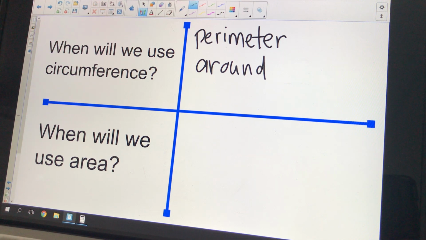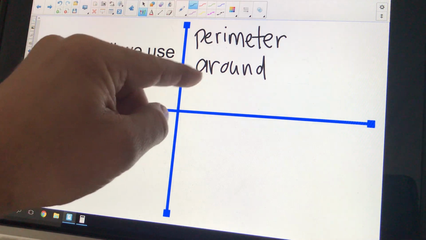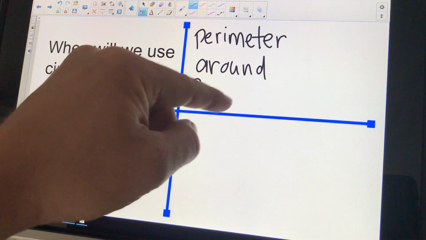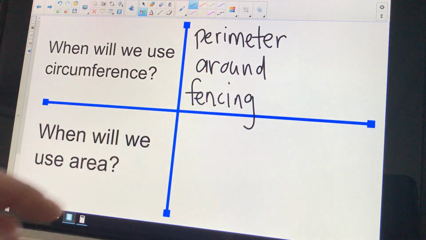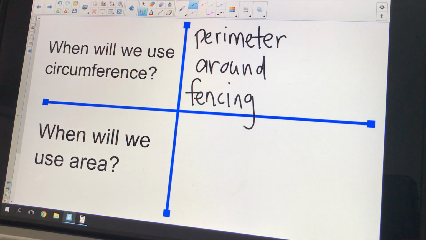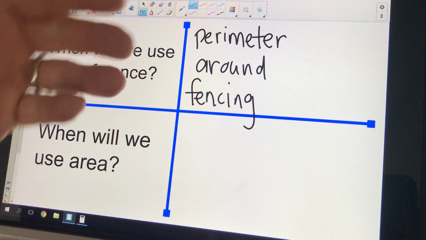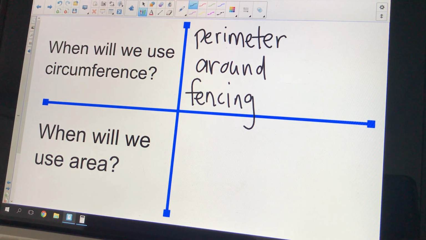If we're looking at something like some fencing that would go around a pool or around a garden, those are the circumstances where we're looking for the opportunity to use circumference. Now, there's more words that I could put up here, but think of it as if we're looking for the perimeter, or around, or some sort of fencing.